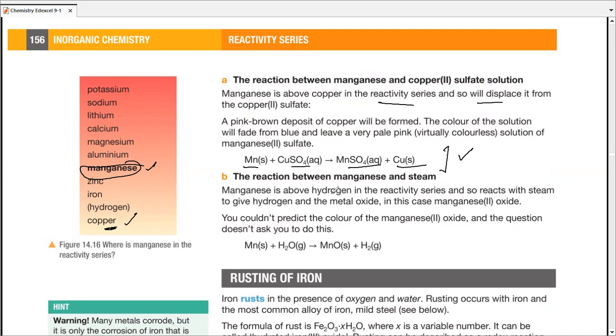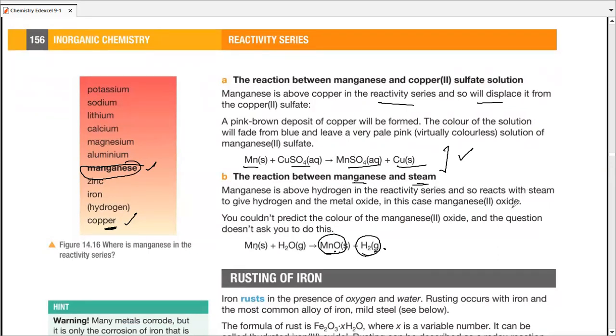Now, the reaction between manganese and steam. Would manganese be able to react with steam? We already know that with steam, metals form oxides and hydrogen. So it forms manganese oxide and hydrogen. That's all you need to do.